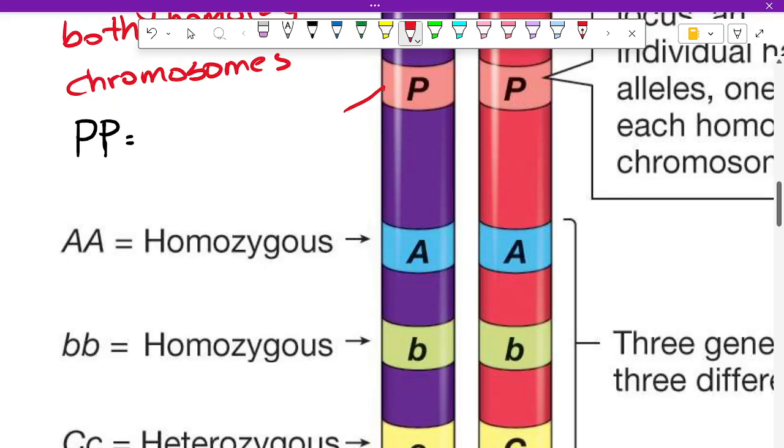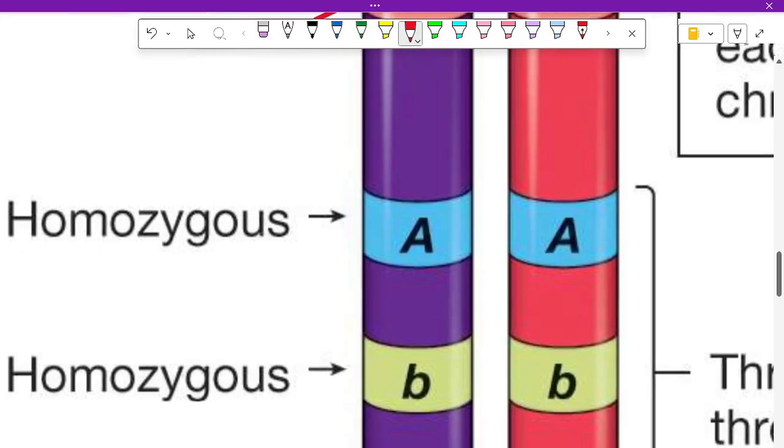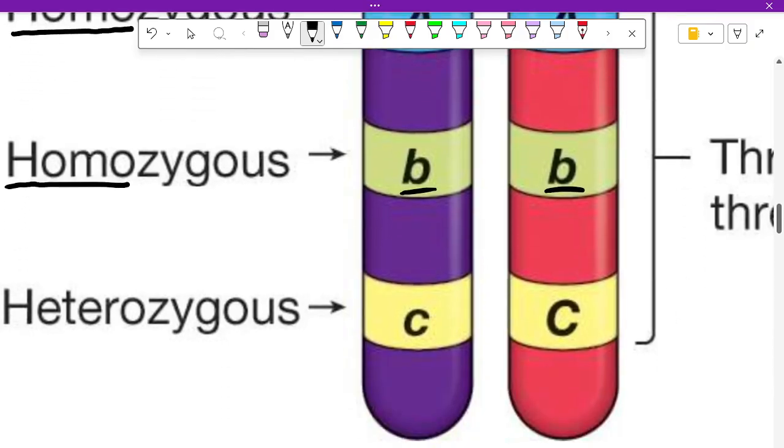So if we look here, do you see how we have a capital A and a capital A? That means it's going to be homozygous for whatever trait A is. Okay? If it's a little b and a little b, it is homozygous for whatever trait B is. Then we have a little c and a big C, so it is heterozygous for whatever trait C is.